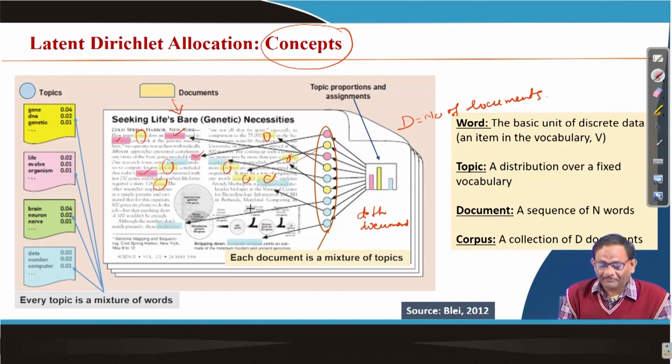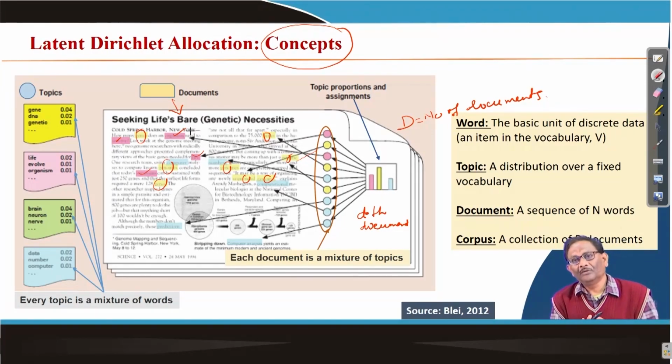So in this way, if you have the domain knowledge and you read a document, you will be able to find out after reading the entire document that certain themes are discussed, and those themes are represented by certain words.